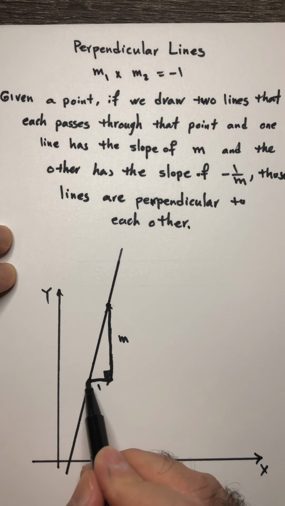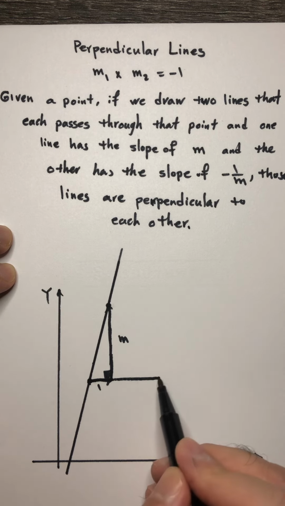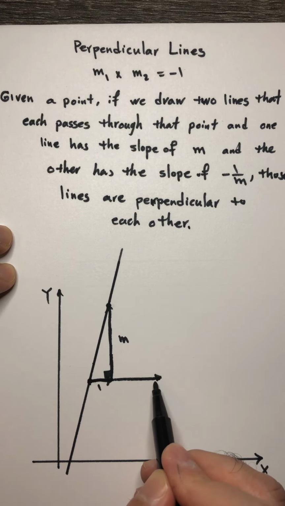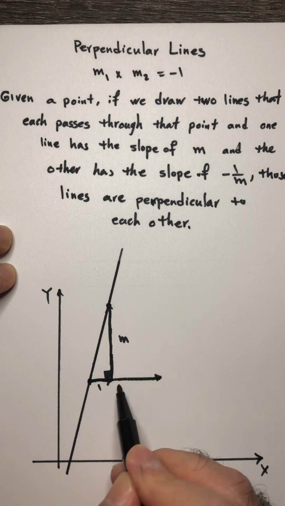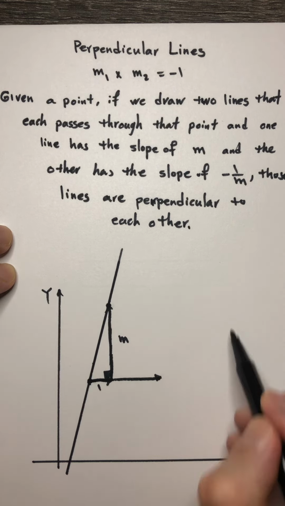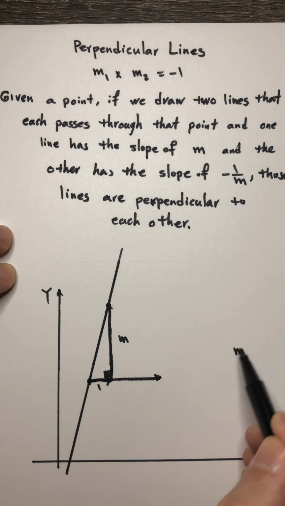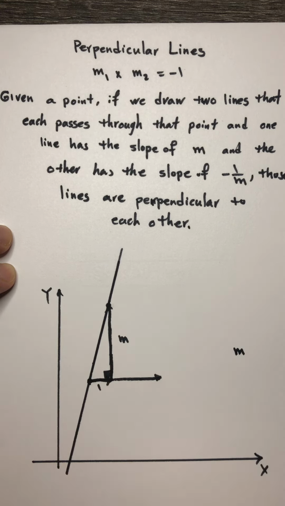So from here to here is m. In this example, m is like the a in the previous video.